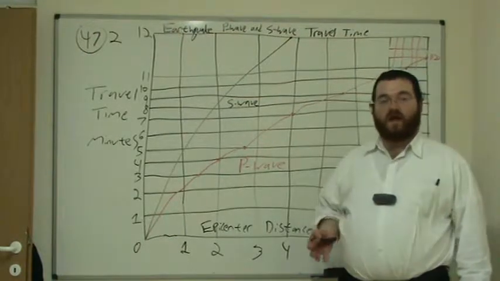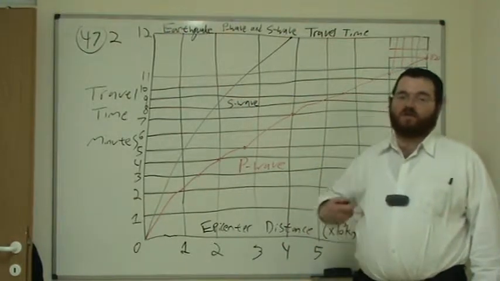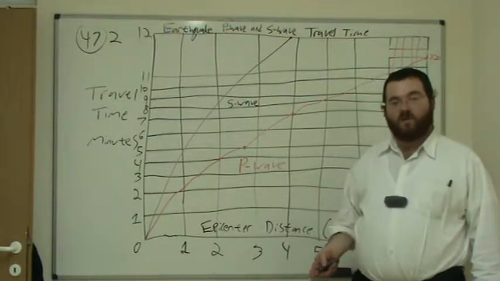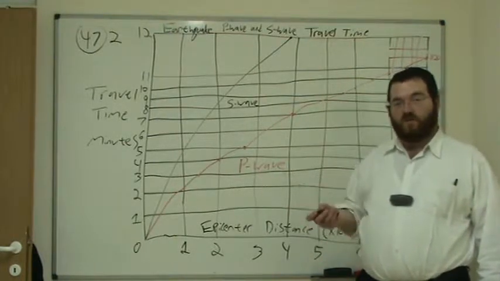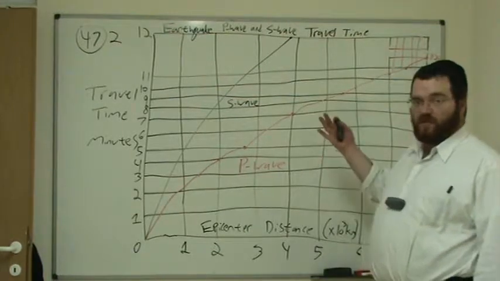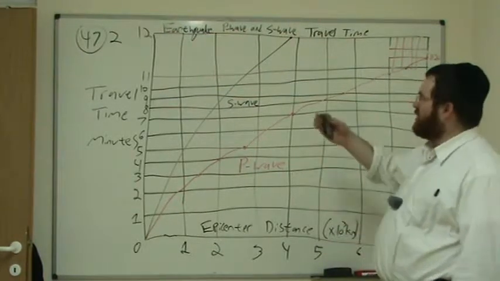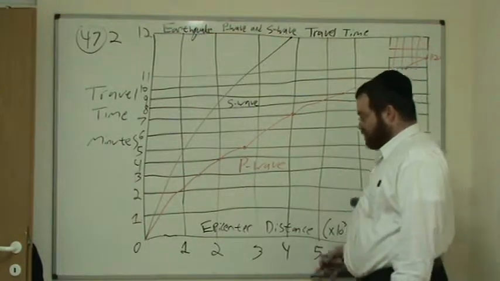So it asks how long did it take the P wave to reach station D, and it says station D is 8,000 kilometers. So they're asking how long did it take the P wave to travel 8,000 kilometers. So you look at the graph you're given on the Regents, on earthquake P wave and S wave travel time.